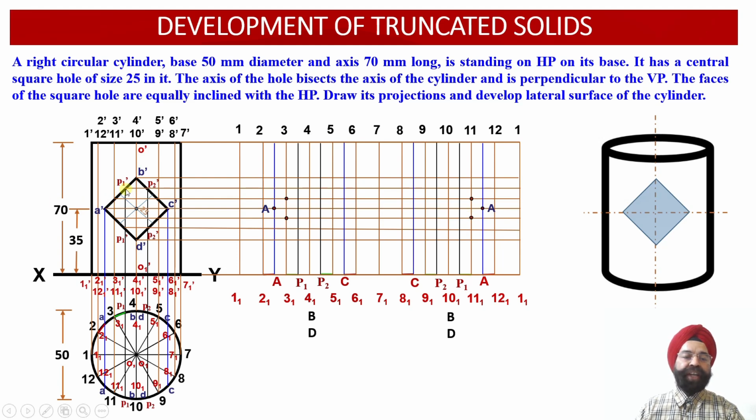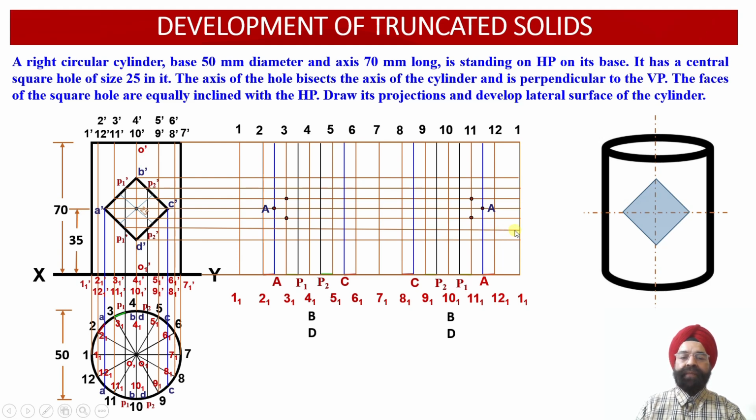Now the next 2 points of intersection correspond to the artificial point which we have introduced, that is, the black color projection line corresponding to the point P1. We can check these two additional points P1 dash and P1 dash. 2 horizontal projectors we have drawn, this horizontal projector 1 and this, the second horizontal projector.